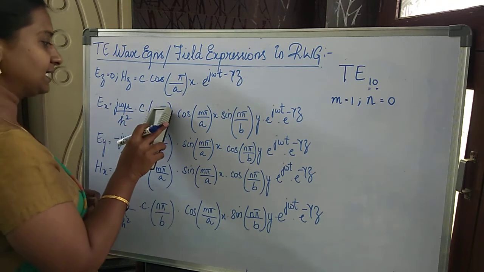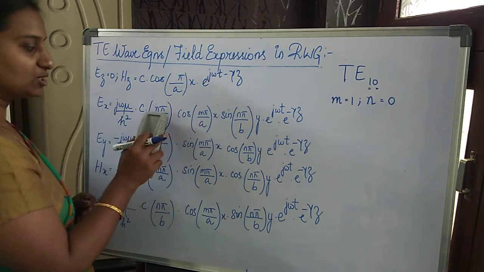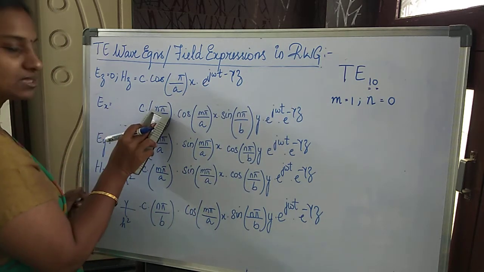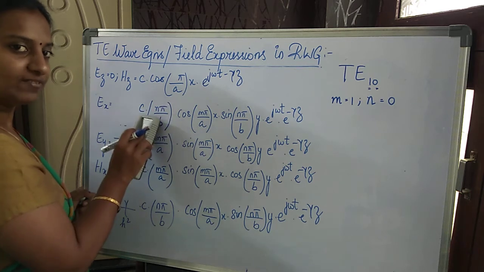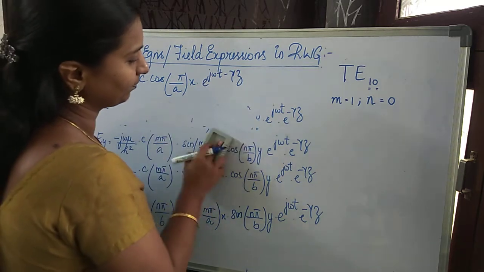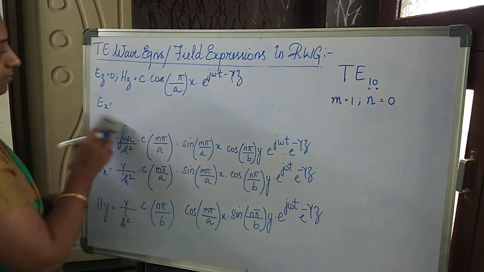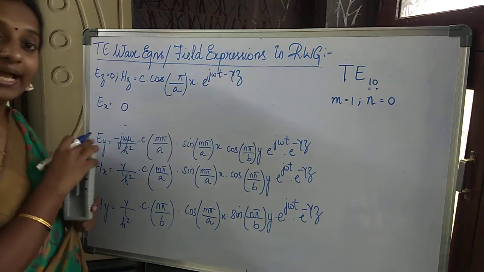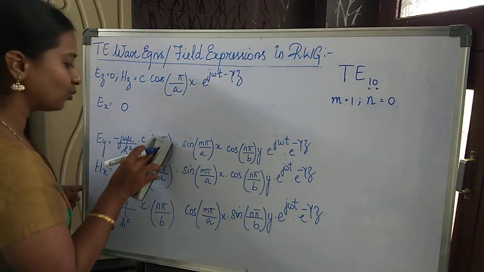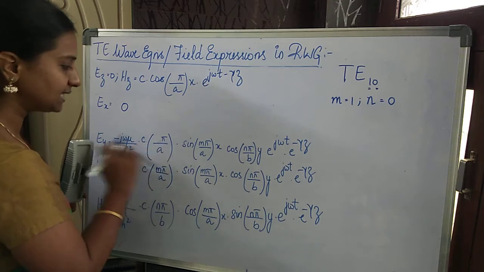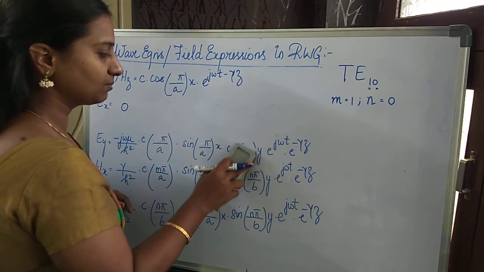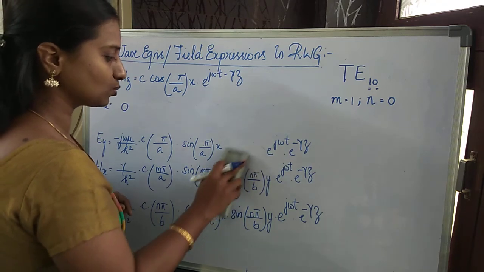So when I substitute m is equal to 1 and n is equal to 0, what happens to Ex? This entire term becomes 0 because we have a constant term which has n. So this entire term is going to become 0. Now I don't have the electric field in x dimension. Now when I substitute m is equal to 1 and n is equal to 0 in this equation, this term becomes 1 because cos 0 is 1.